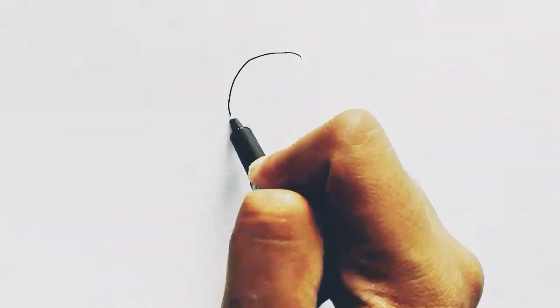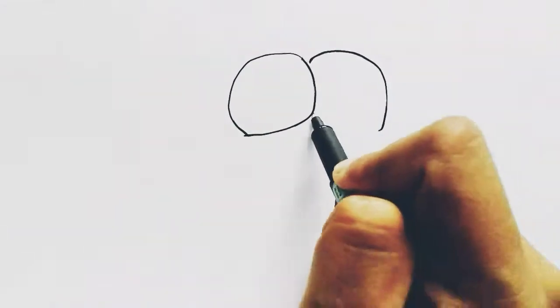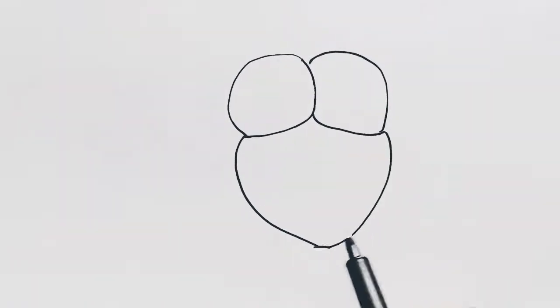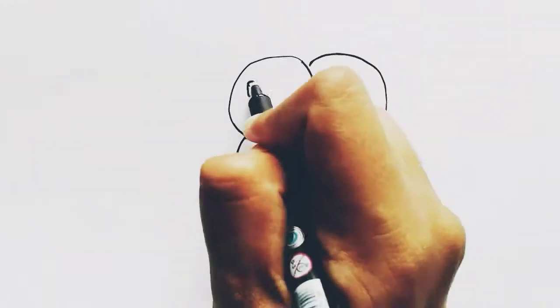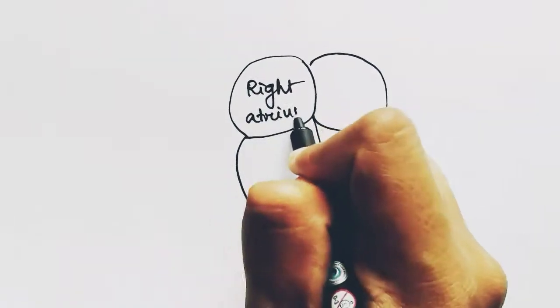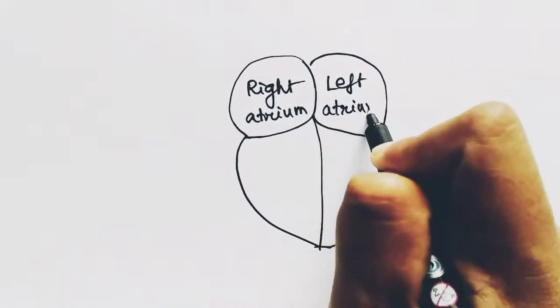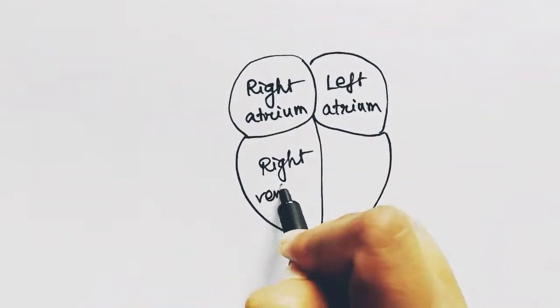Now I am drawing a very simplified diagram of the heart to understand. Now there are 4 compartments of the human heart: right and left atrium, and right ventricle and left ventricle.